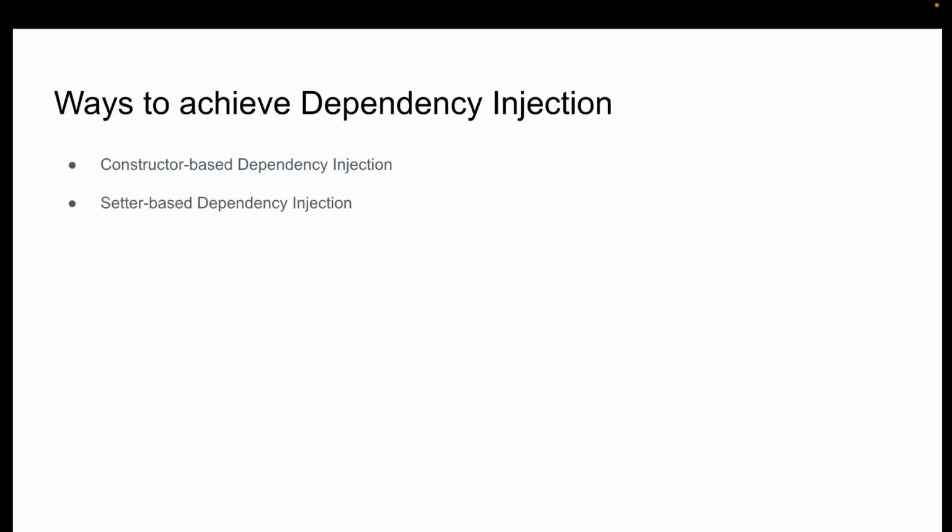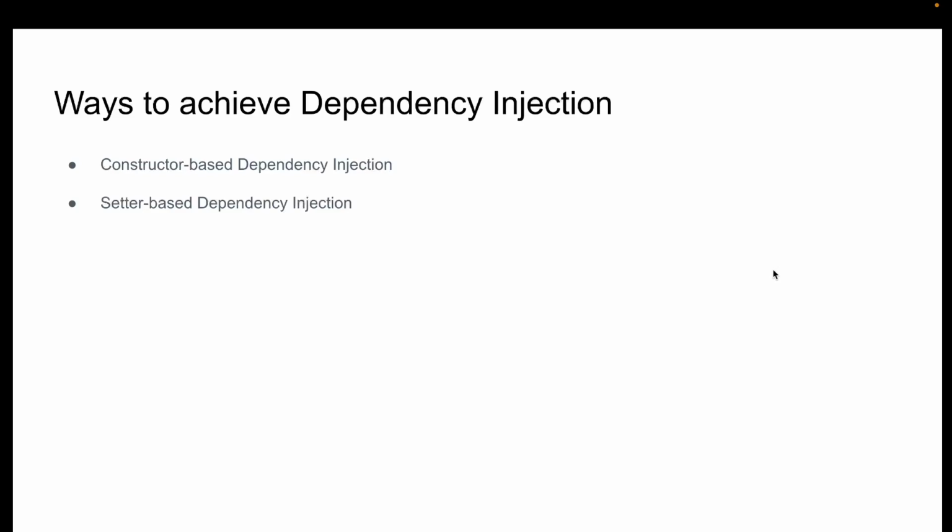In the setter method you will have something like public void setAddress, and that method will take your address object, your address class reference, and in that method you will do this dot address equal to address. It means you are using that setter method to inject that address in your employee class. That is your setter based dependency injection.